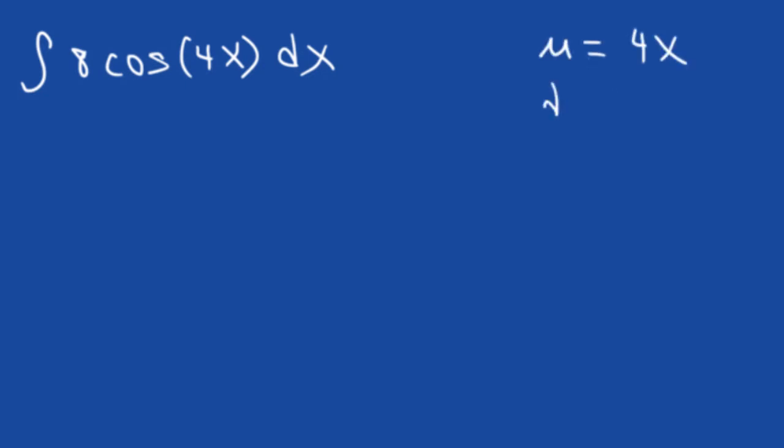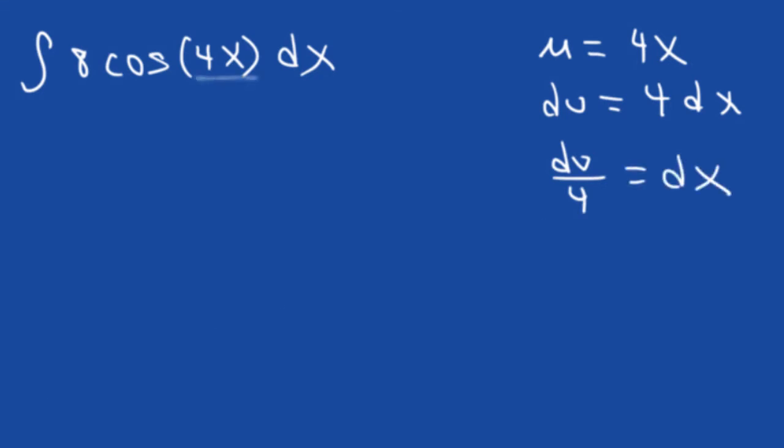Let's try another problem. Let's go ahead and find the integral of 8 cosine 4x dx. So what would we do? We need to make u equal to 4x. du will equal 4 dx, and if we divide by 4, du over 4 is dx.